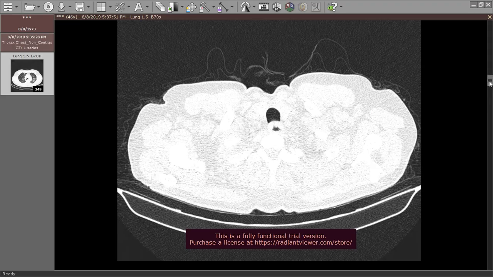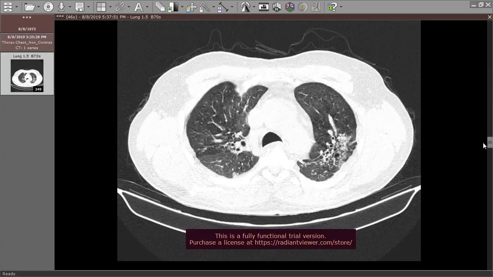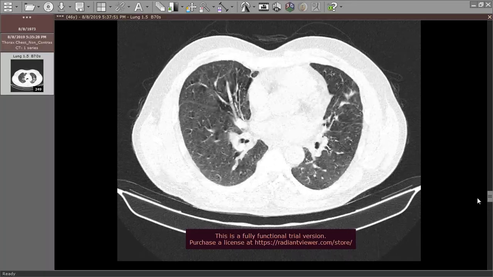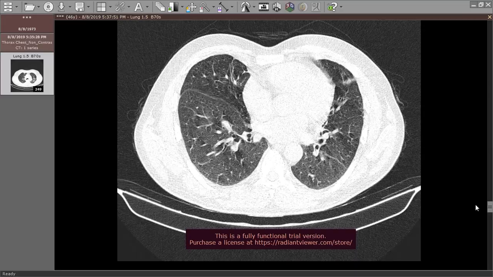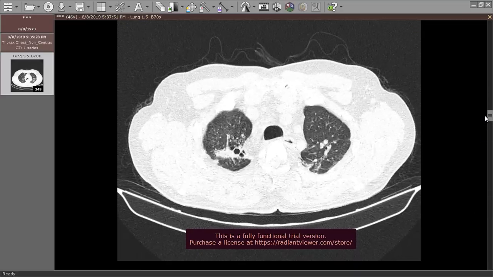Case number 6. Yes, of course, the main pathology here is apically located.